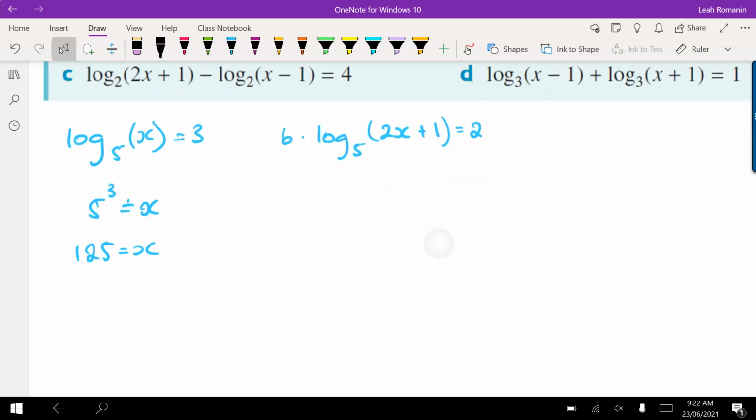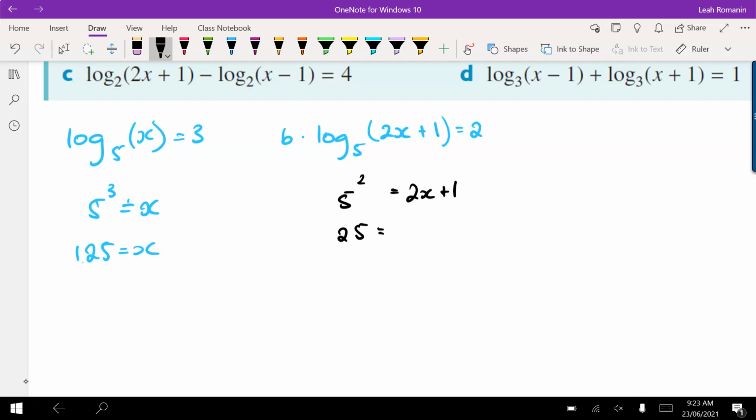Actually no, let's rearrange. So that 2x plus 1 becomes what my exponential is equal to. As per usual, 5 is the base and 2 is the power. So I have 5 squared is equal to 2x plus 1.